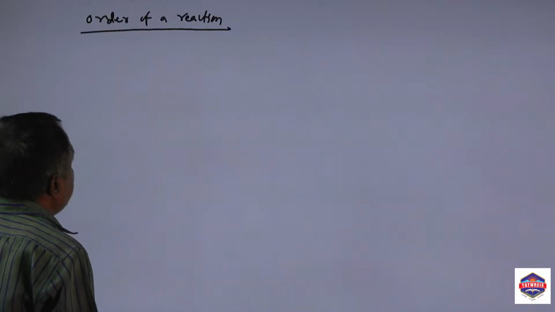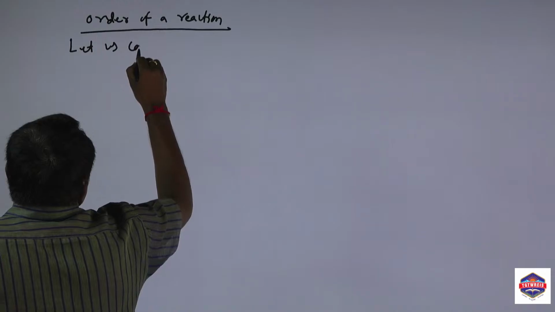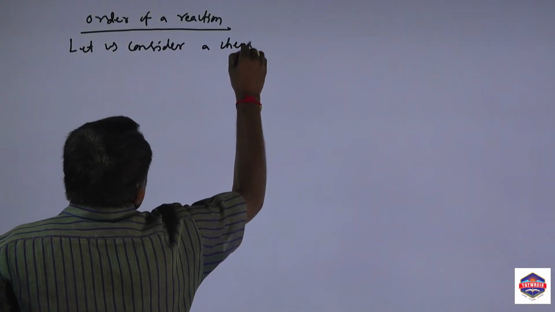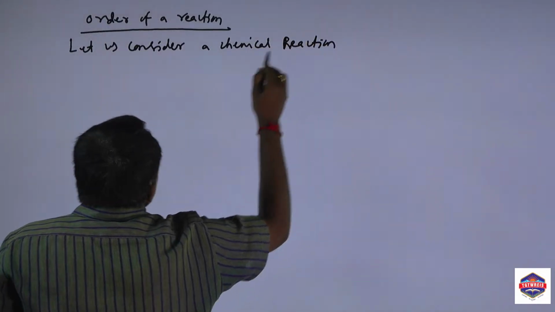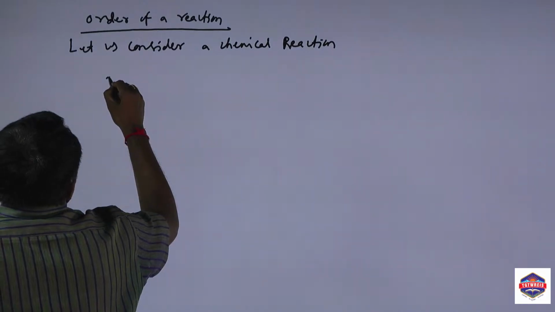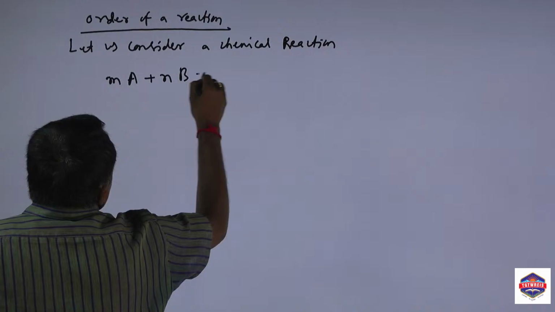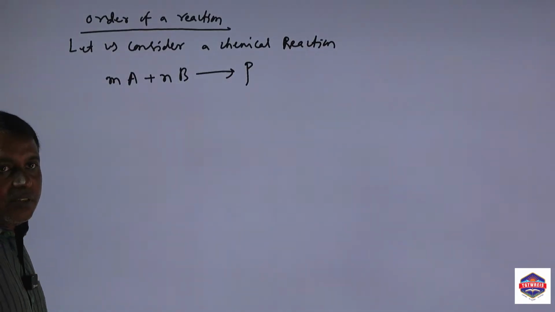For example, let us consider a chemical reaction: mA plus nB gives product P. This is one chemical reaction.